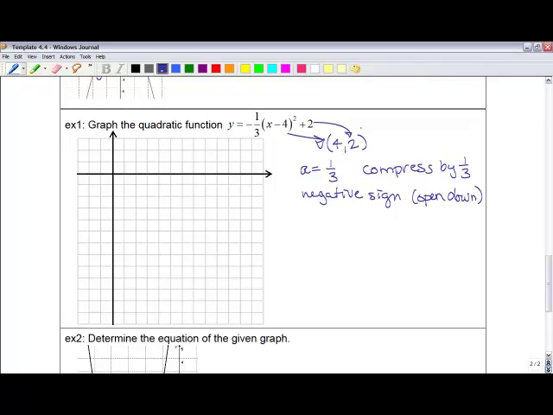For these parabolas, let's move to the vertex at 4, 2. So 1, 2, 3, 4, 2, assuming that each of those is one unit. Typically, we go out 1, up 1, but because it's opening down, we go out 1, down 1.